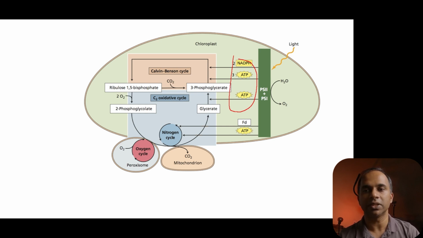When there's oxygen, the photorespiration is going to happen. Another name for photorespiration is the C2 oxidative cycle, as indicated here, and eventually everything will come into the Calvin, Benson and Bassham cycle.